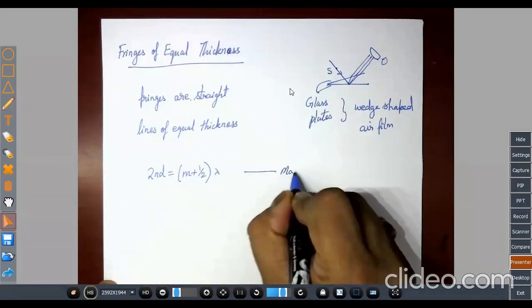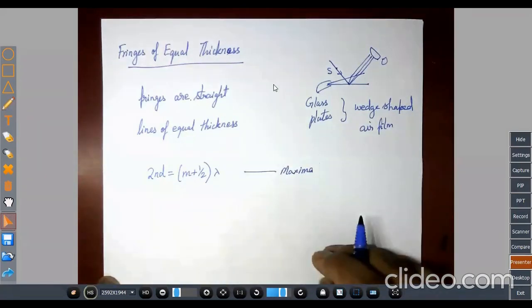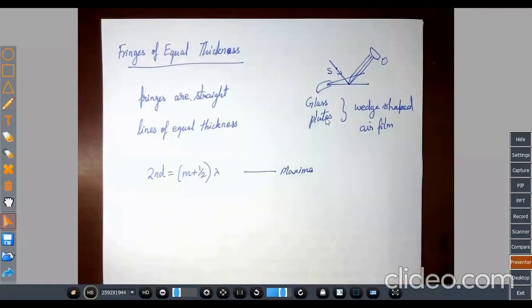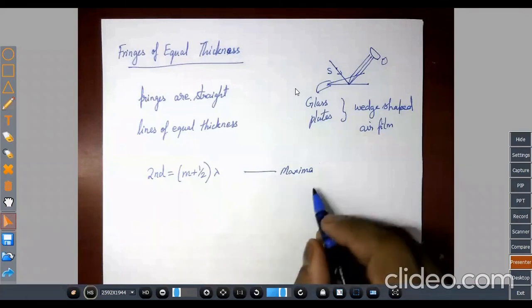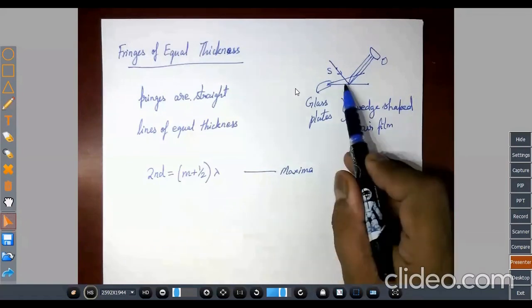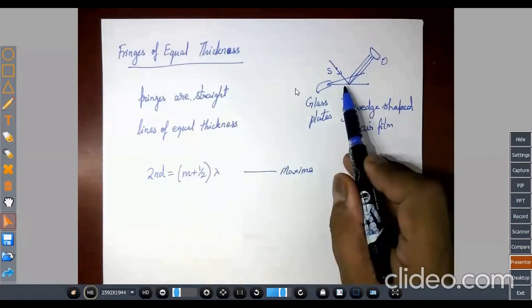And the condition for maxima is as follows. So if this condition of maxima is satisfied in a wedge shaped air film, we will get fringes of equal thickness.